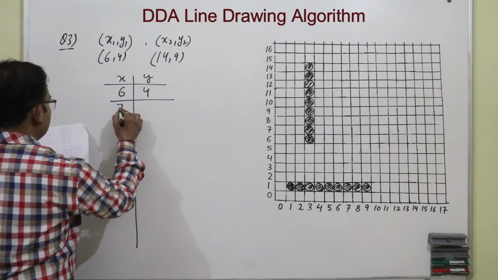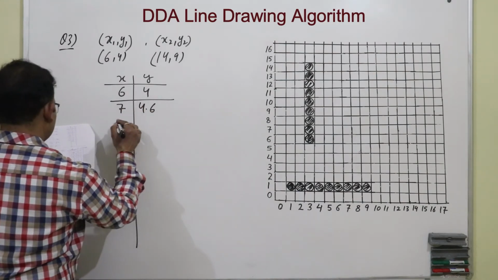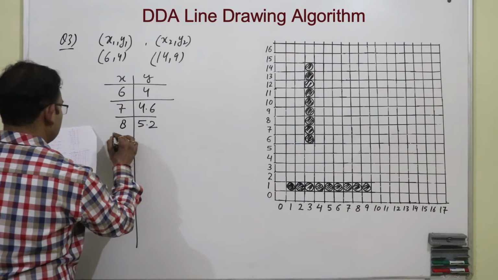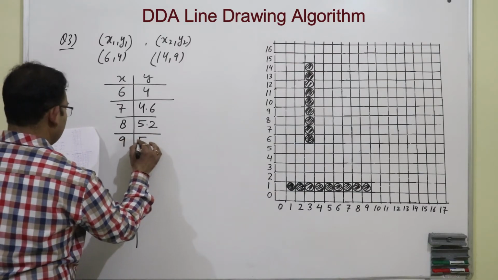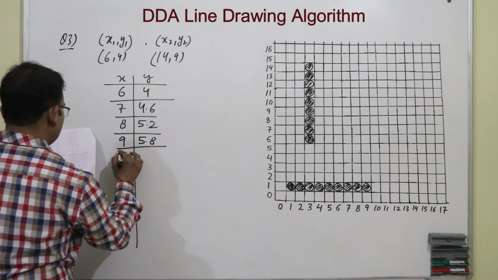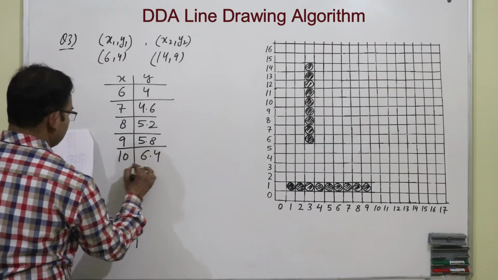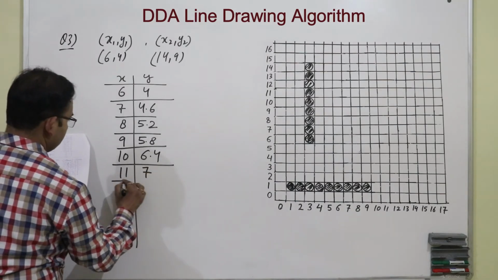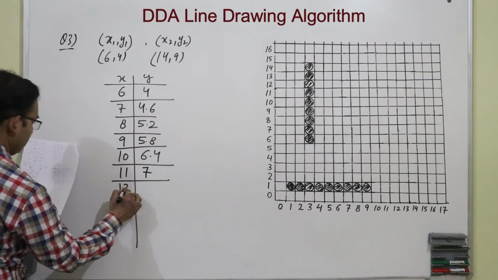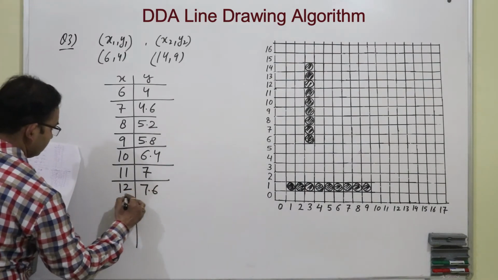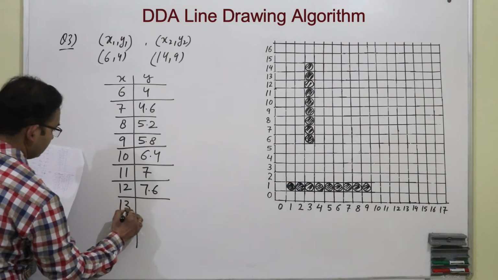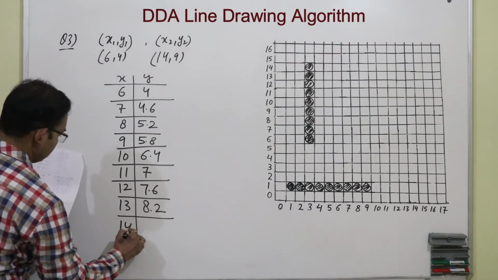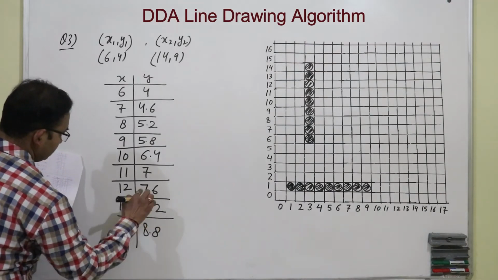So, it will be 7, 4.6, 8, 5.2, 9, 5.8, 10, 6.4, 11, 7, 12, 7.6, 13, 8.2, 14, 8.8.